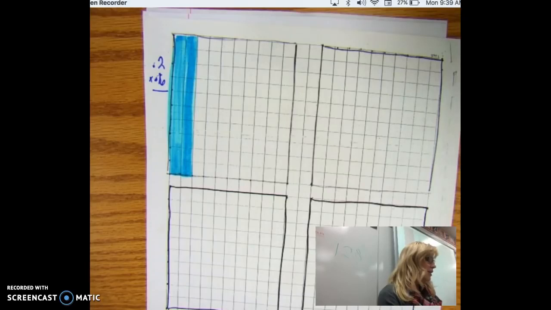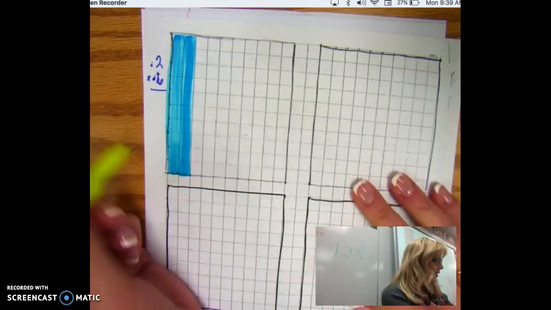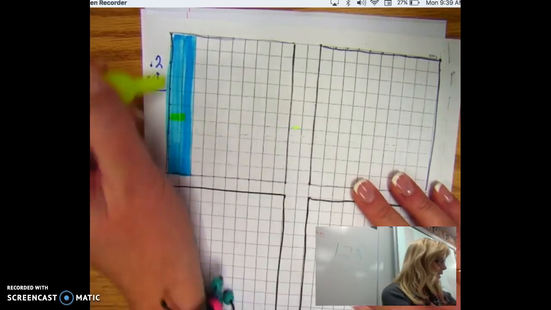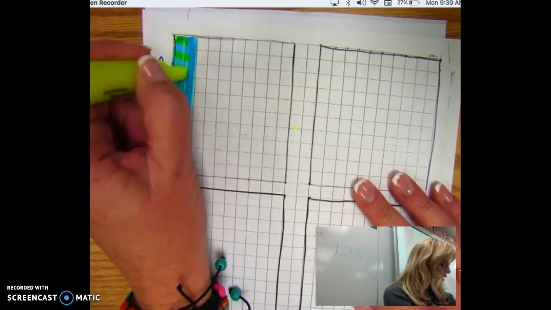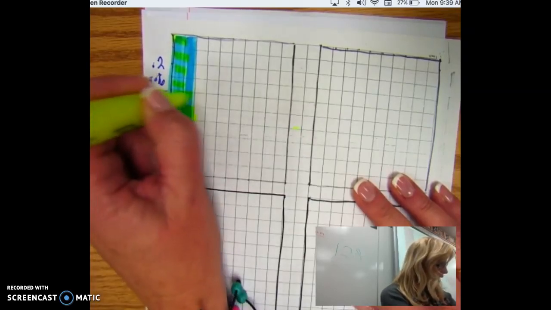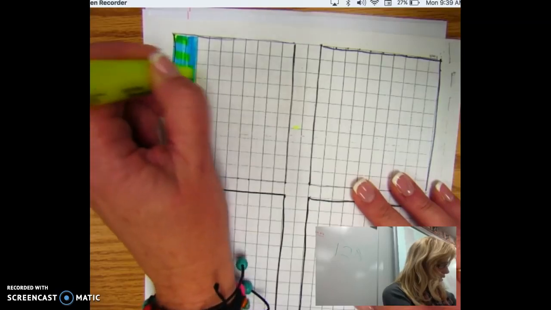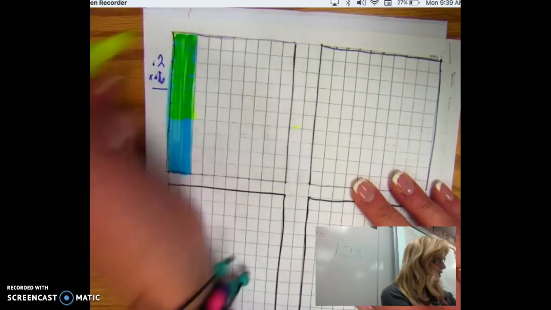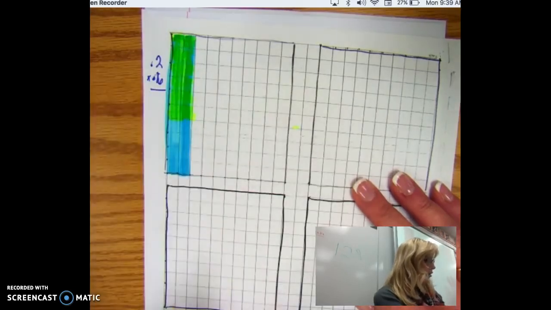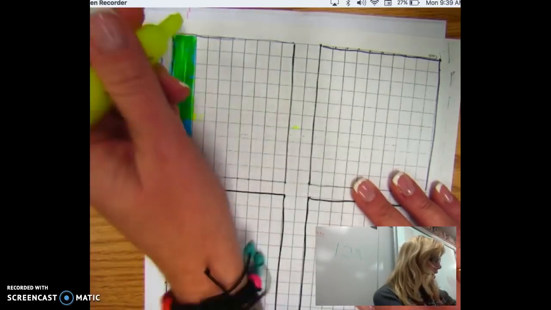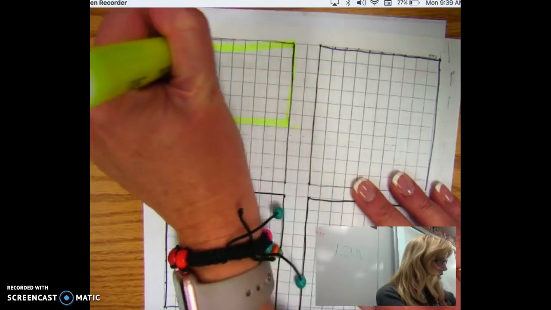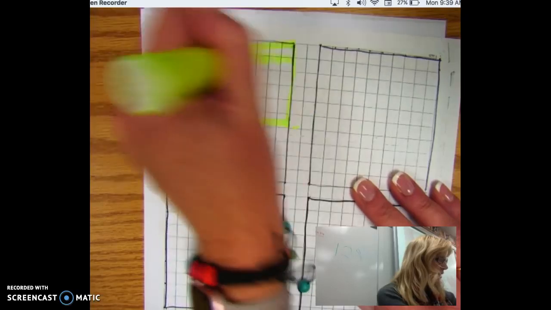So what I'm going to do is I am going to now go this way on my grid, and I'm going to go 1, 2, 3, 4, 5, 6. And I'm going to shade in 6/10 of my 2/10. And it's okay if you want to shade this part too. It doesn't matter. That's the part that never existed in the first place.